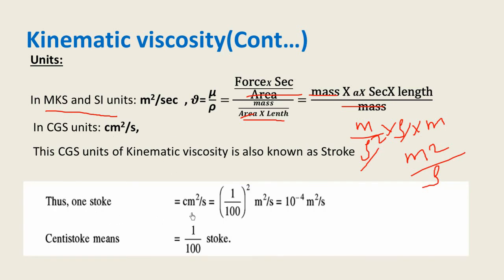One stoke can be converted into meter square per second: 1 centimeter equals 1 by 100 meter, and since there is a square, we get 10 power minus 4 meter square per second. Similarly, centistoke means centi, 1 by 100, so it is 1 by 100 of a stoke. This is how we see the units of kinematic viscosity.